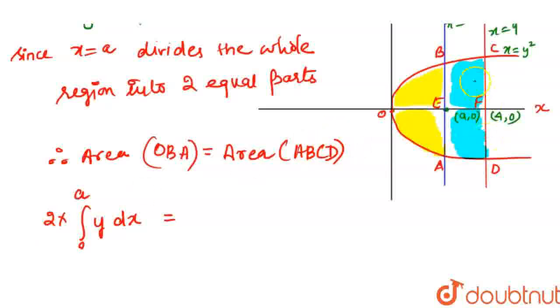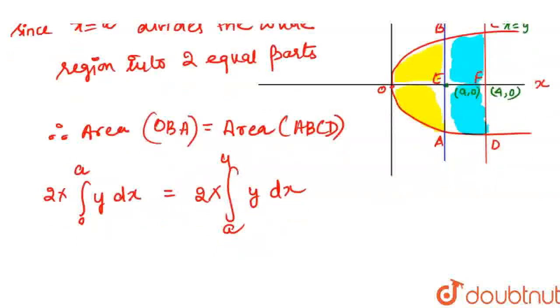Similarly in ABCD we have the curve's equation as y, but this time it is from a to 4, because the points are a on the x-axis and 4 on the other hand. So a to 4 y dx, and this is also symmetrical about the x-axis, so we'll write here 2 cross.